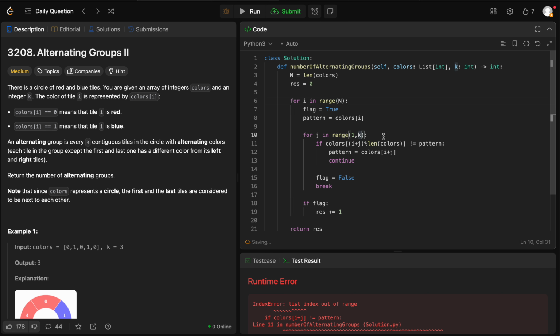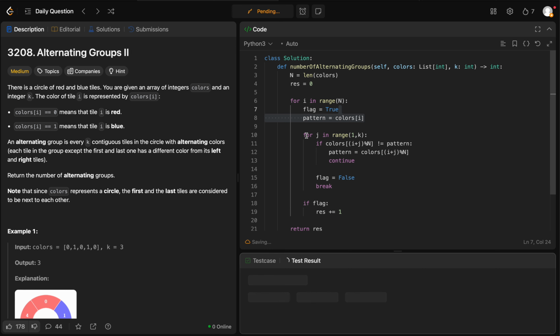That's correct. I think this time it should be good now.